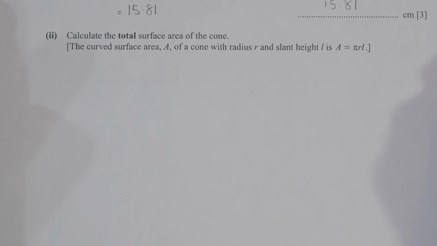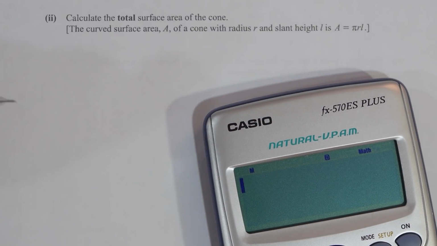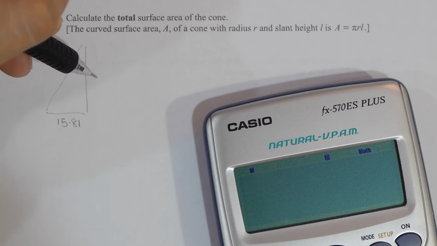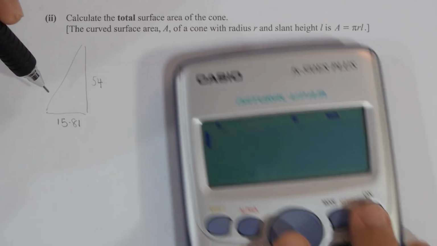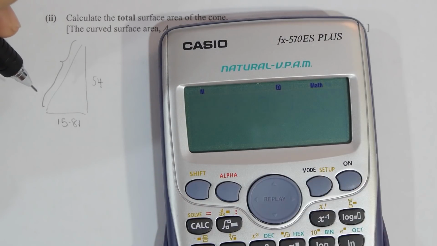As for the last part, with the radius that you have gotten, you are required to find the slant height because it's referring to the surface area. Okay, for you to find the surface area of the cone, you need the slant height.